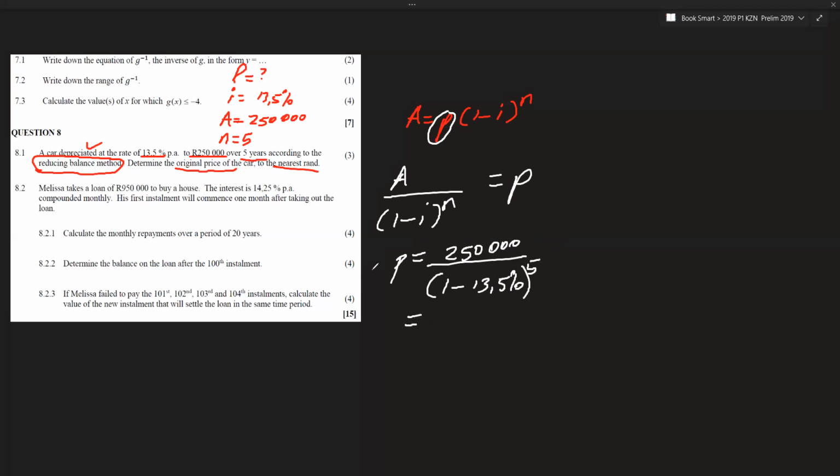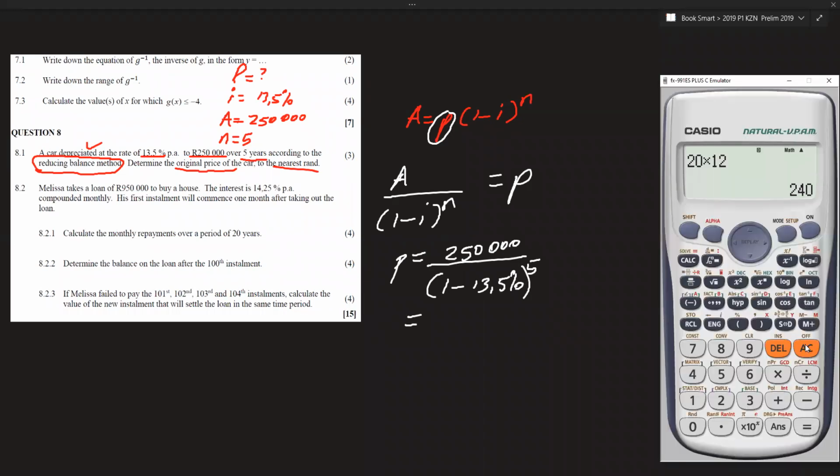Then we get our calculator. We're going to have 250,000 over 1 minus 13.5 shift percent, and then to the power of 5.